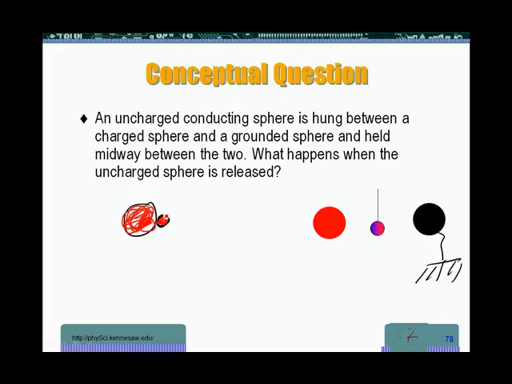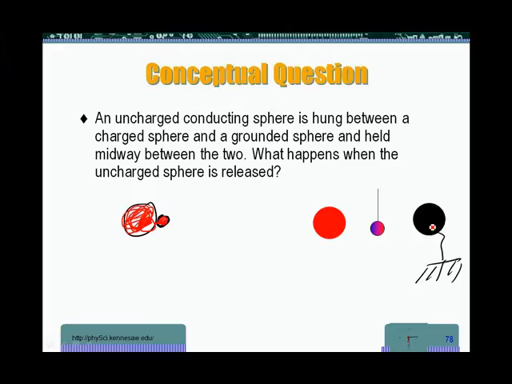This one is going to be repelled. So when it is going to repel, what's going to happen? It's going to eventually touch the grounded sphere. What's going to happen when it touches the grounded sphere? It's going to give up its excess charge, and it's going to become neutralized.